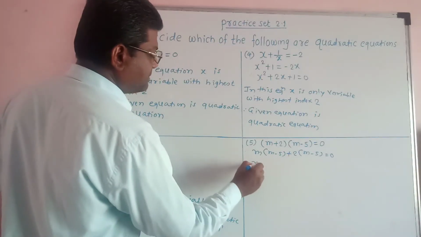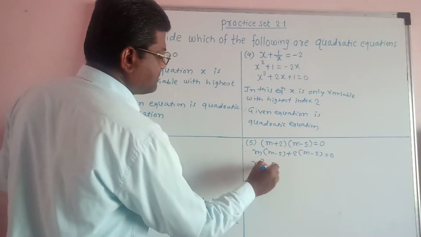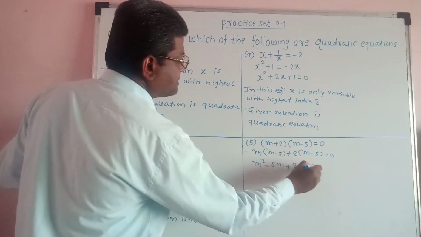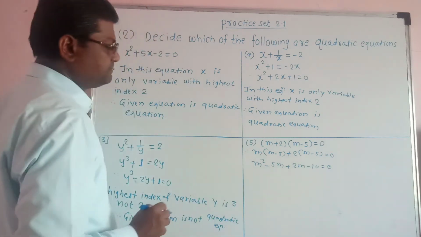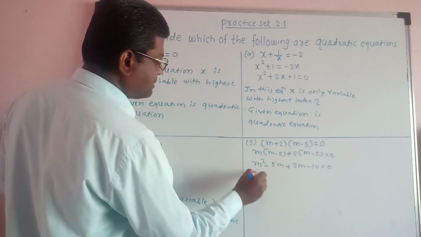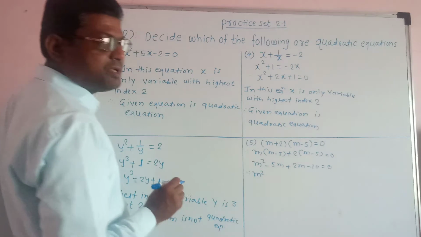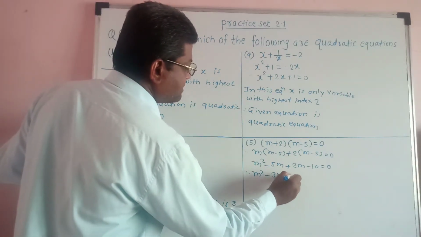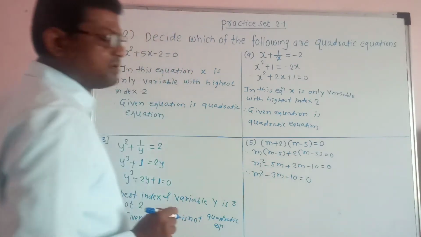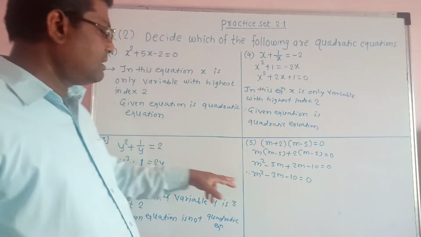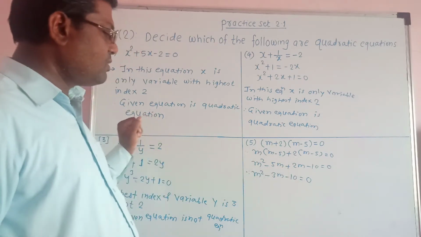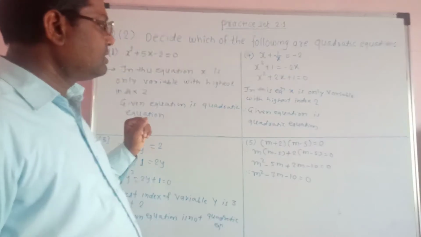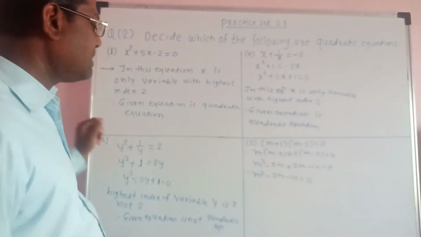M into m square minus 5m, plus 2 into m is 2m minus 10 is equal to 0. Therefore, we got m square minus 5m plus 2m, that is minus 3m, minus 10 is equal to 0. Observe this equation. In this equation, m is the only variable and the highest index of m is 2. Therefore, this is a quadratic equation.